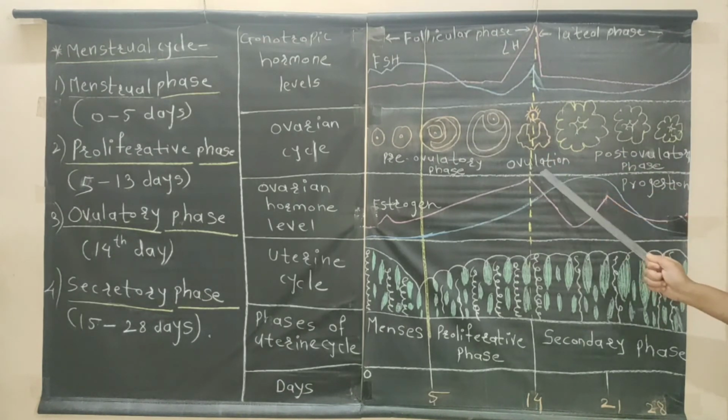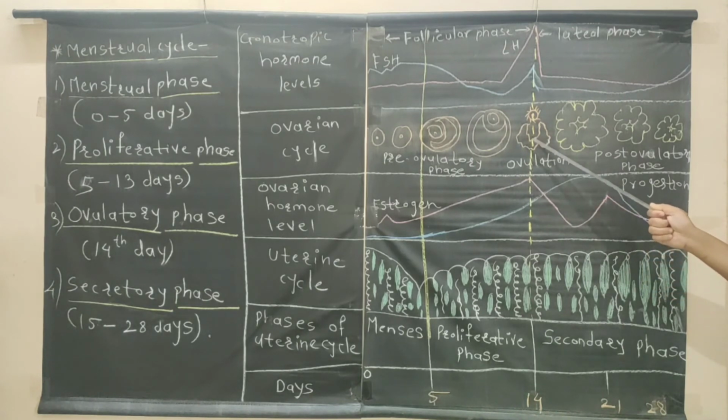In the ovarian cycle, ovulation happens on the 14th day. After ovulation, only the remaining tissue of the Graafian follicle is left, and this remaining tissue is converted into the corpus luteum, and the corpus luteum starts secretion of estrogen and progesterone.